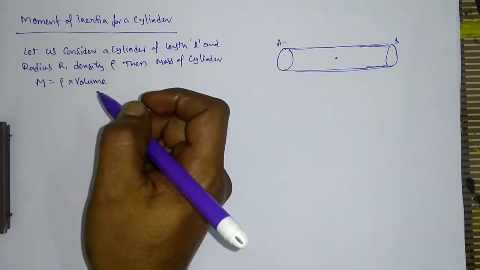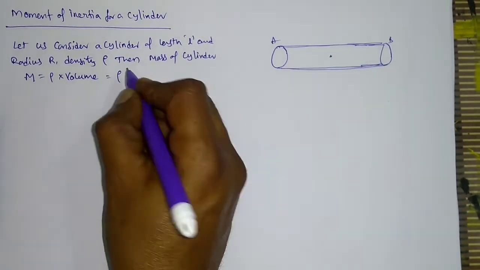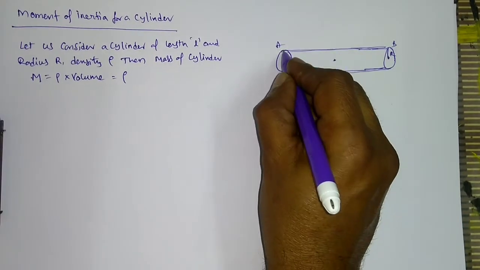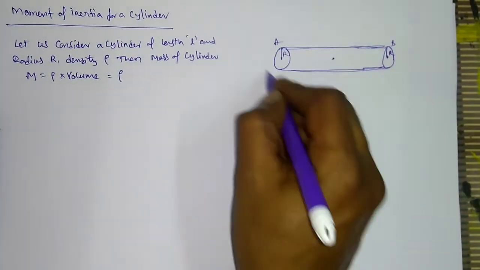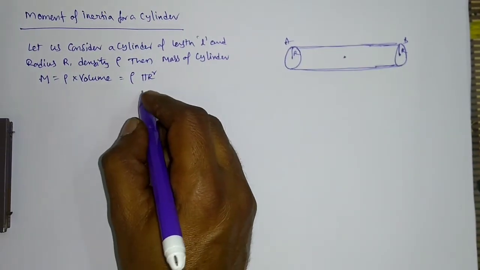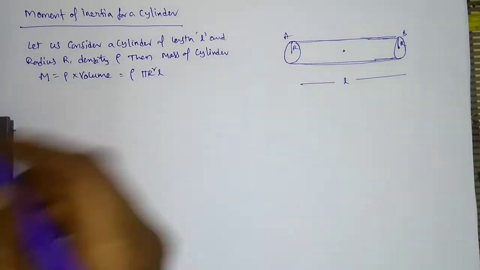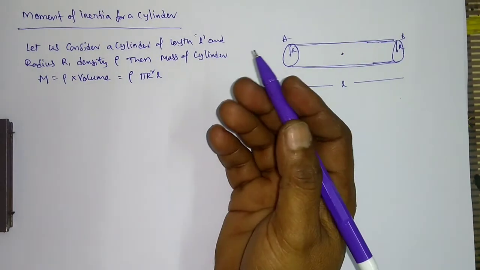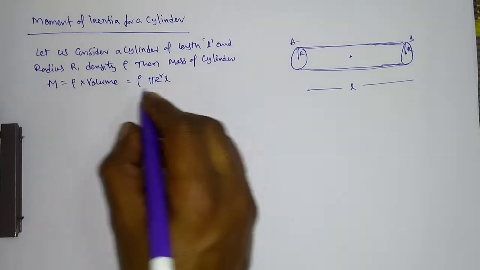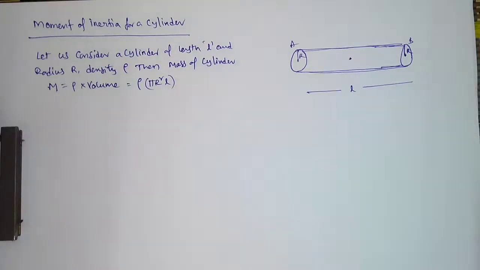Volume means area into distance, so rho into area, where r is the radius of the cylinder: rho into pi r square into L, the length. As you know, the volume of the cylinder is pi r square h, that is pi r square L, into density. This is the mass of the total cylinder.